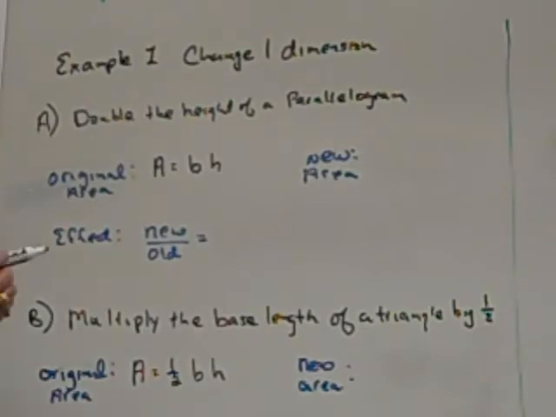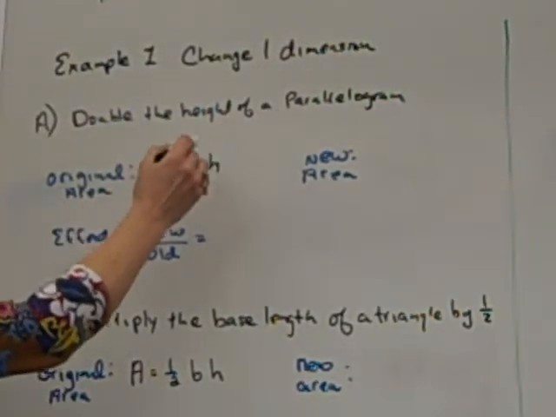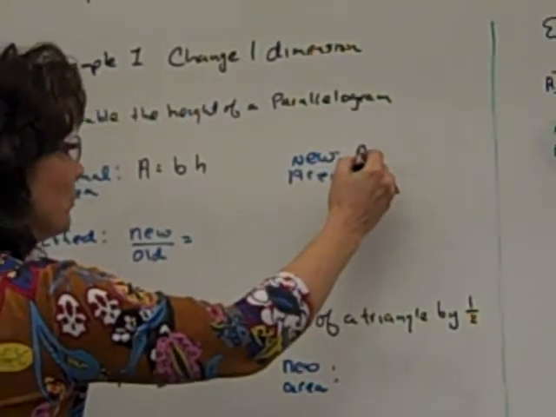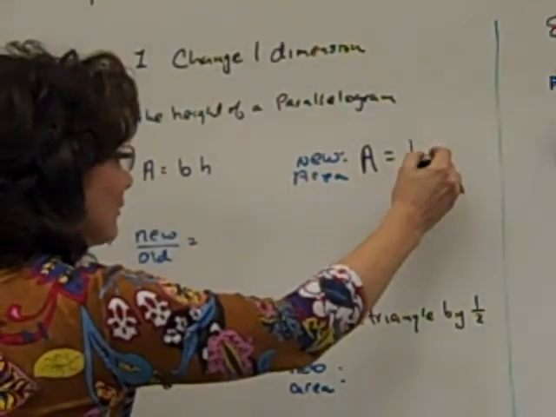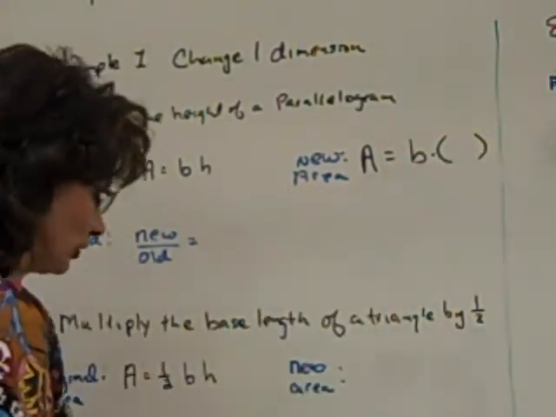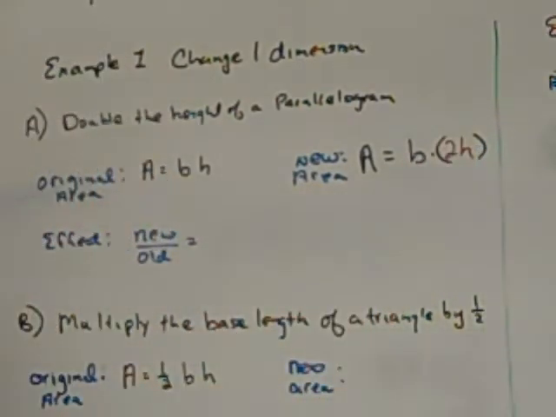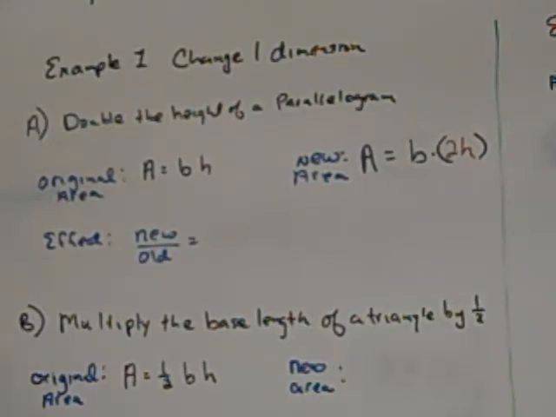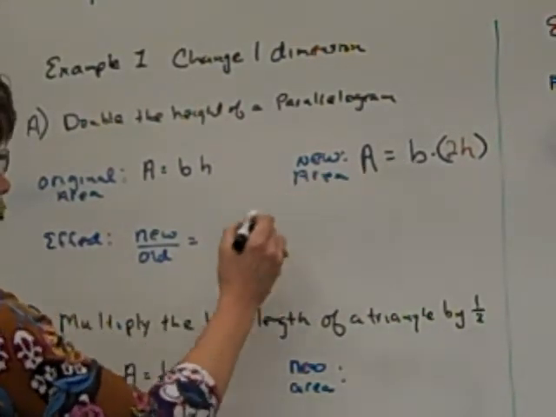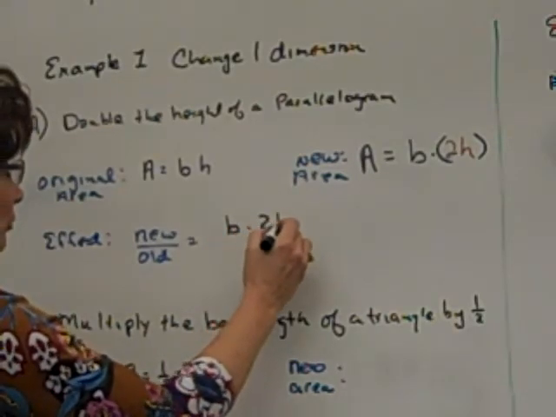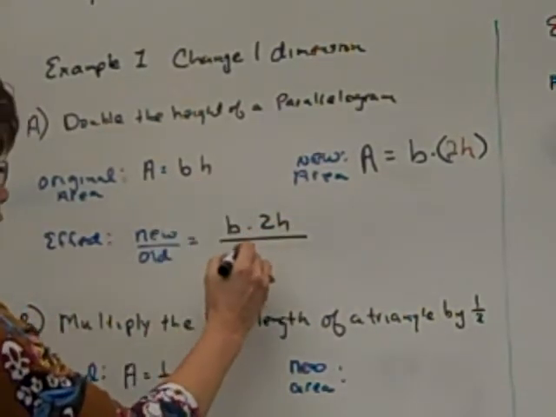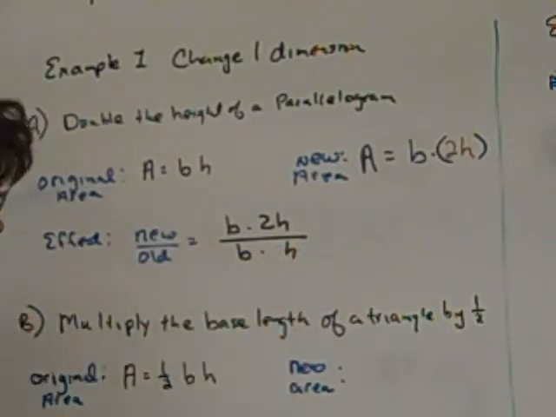The formula for the new parallelogram with double the height will be area equals base times, and you're going to just have to do 2 times the height. That would give you double the height. Now, how would that change the area? Well, I'll take my new formula, base times 2h, and divide it by my old formula, base times height.